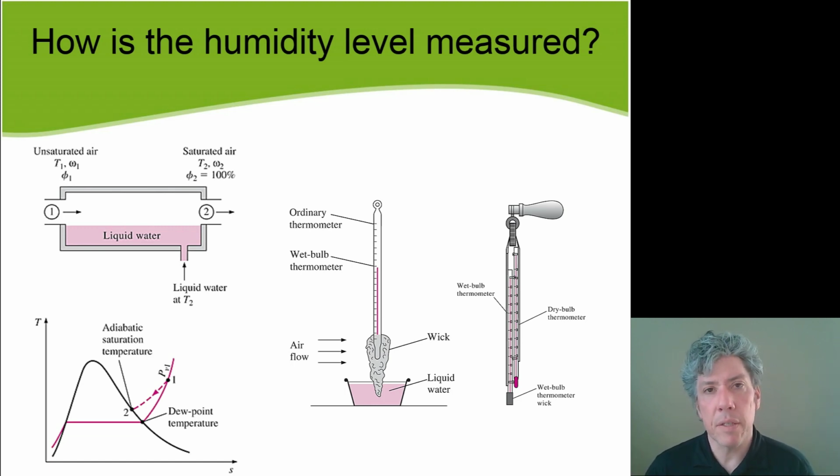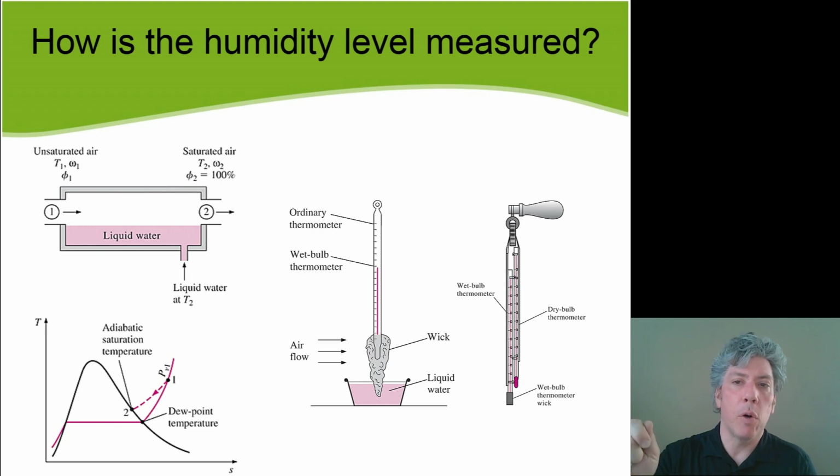We have to have that distinction now, though, because now we can put a wick and some type of moisture source onto the end of the wet bulb thermometer, and thereby cool down the wet bulb thermometer as air flows across it. Now you might look at this and say, well, I don't see any airflow for this so-called sling psychrometer. How do you do that? Well, that's where the slinging comes in.